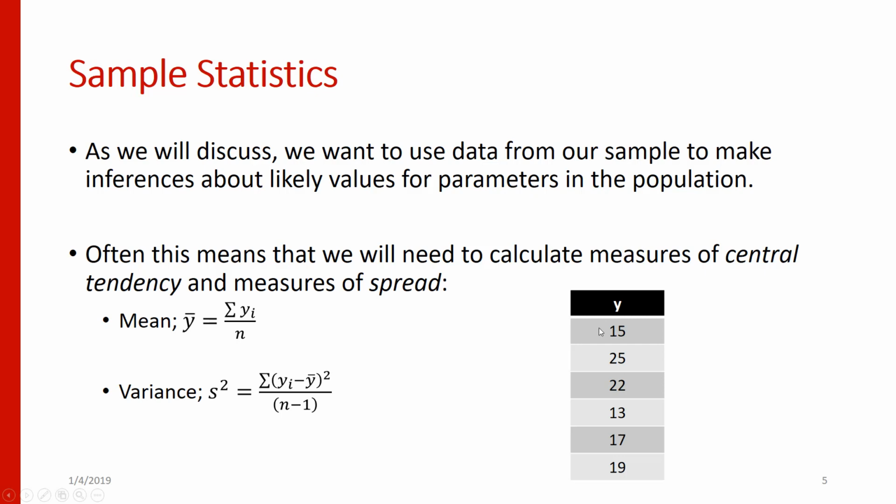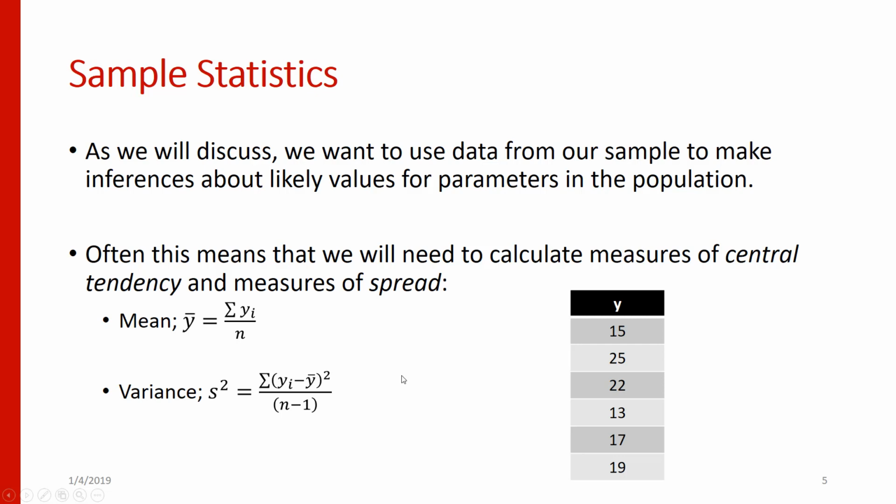But if these are my y's, these numbers here, y bar is equal to the sum of y sub i divided by n. So that would be each y, because y1 is 15, y2 is 25, y3 is 22, and so on. So I have to sum all of those values and then divide by the number that there are, which is 6: 1, 2, 3, 4, 5, 6. So I'm dividing by 6.